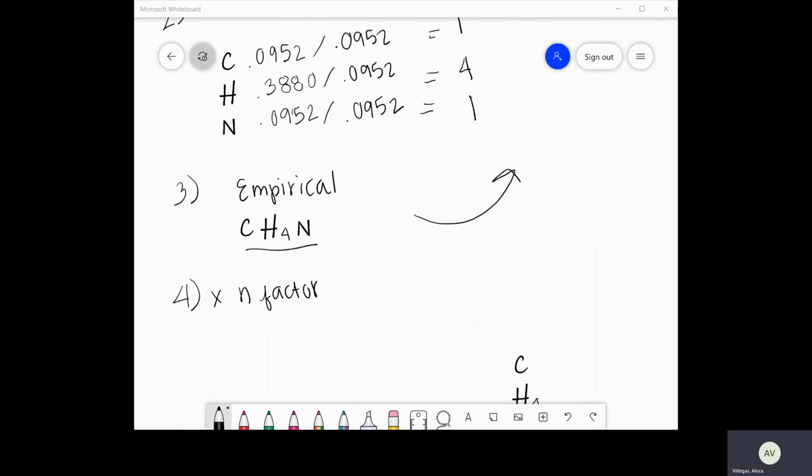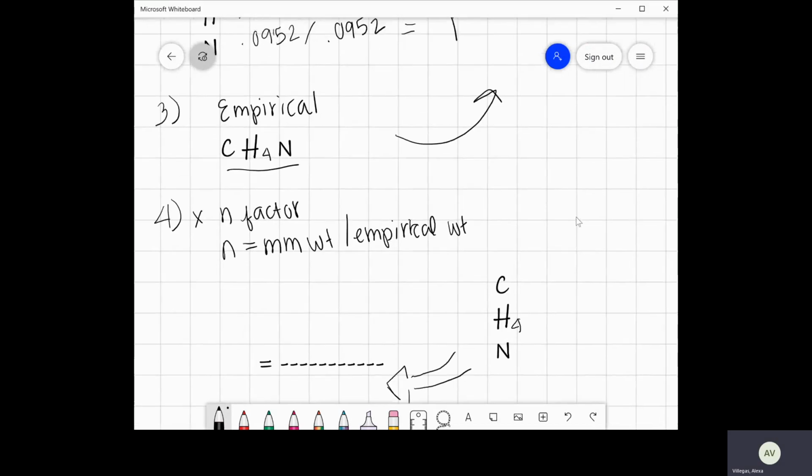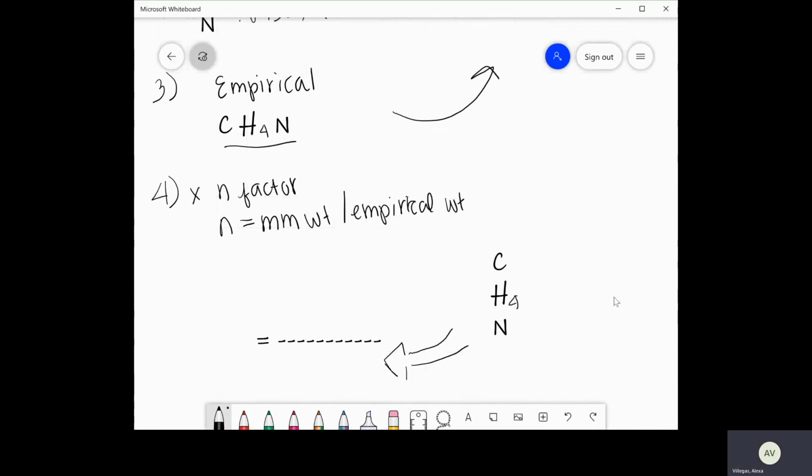And our n factor is, again, our molecular weight divided by our empirical weight. And remember, we were told in the very beginning that our compound has a molecular weight of 60.10 grams per mole. So that's the molar mass. Now we find our empirical weight by applying our empirical formula.